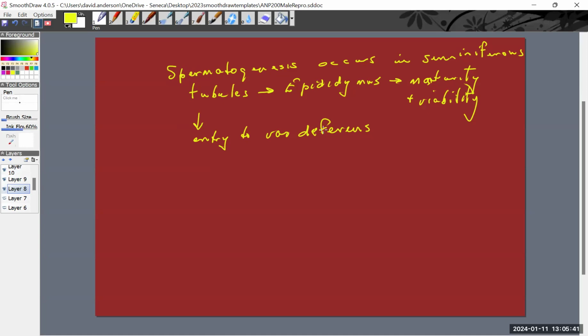So from the seminal vesicles, as it leaves the seminal vesicles, it's identified now as an ejaculatory duct. There's still two of them, right and left side. And that's the duct that's going to enter the prostate gland and join with the ducts of the prostate gland to then join into the urethra that leaves the bladder.